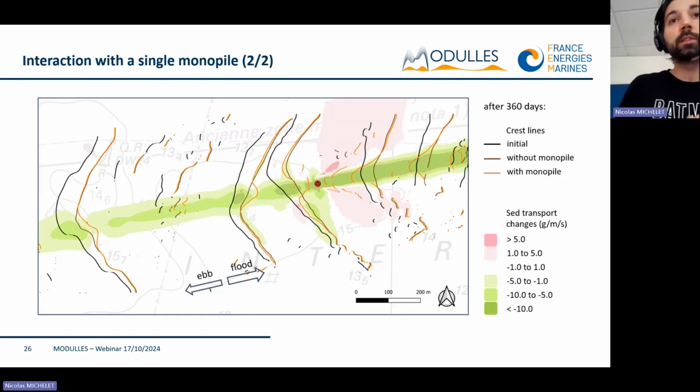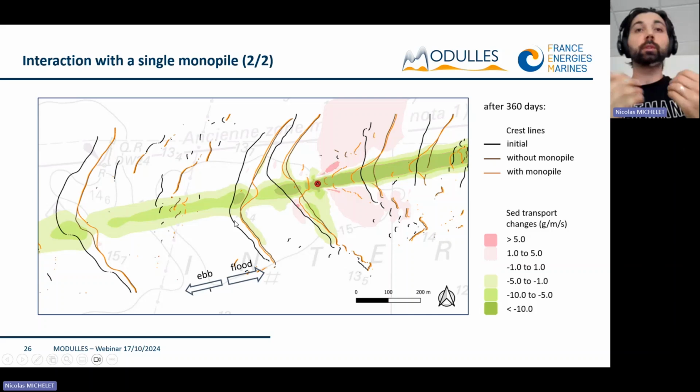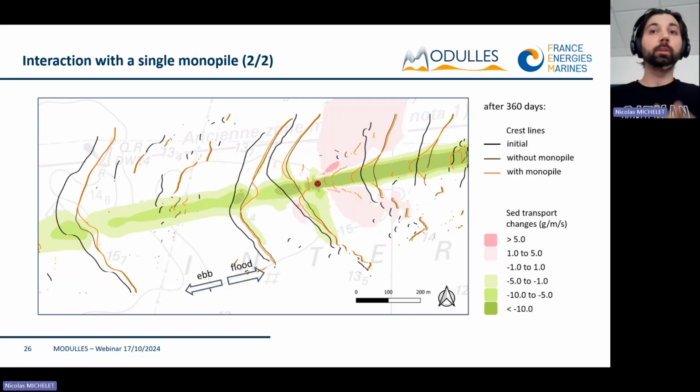What is interesting to see is what happened when we look at the crest lines of the surrounding dunes when we put a monopile. You can see here the initial crestline in dark, for example, for this dune. The brown lines represent the crestline after 1 year when we do not have any monopile, and the orange line represents the crestline position when we consider the monopile inside our simulation.